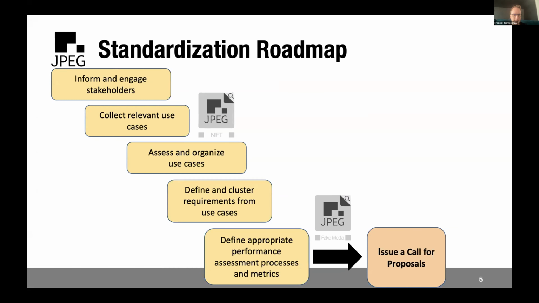Now, looking at these two activities, NFT and fake media, with JPEG fake media, we're actually very close to releasing a call for proposals. With JPEG NFT, we're a little bit earlier in the process, and we're still investigating what the challenges are, and what the use cases are, and what the requirements are.